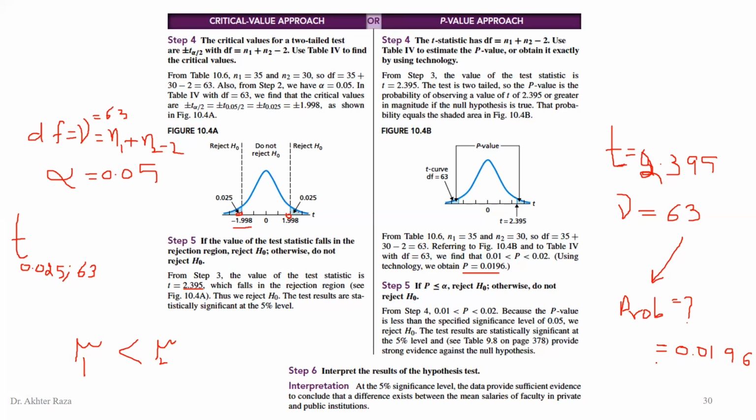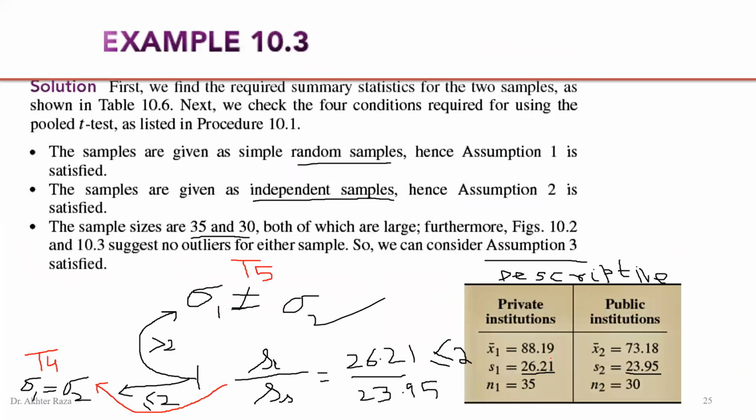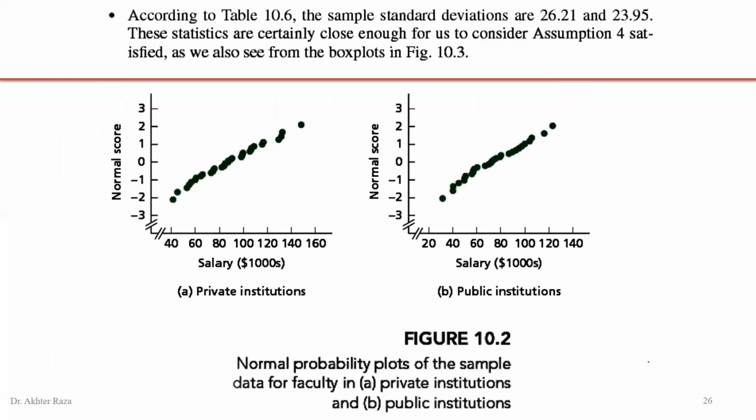The data provides sufficient evidence to conclude that the average salary in the public sector institutions is higher than the salaries in the... no, the salary in the private institutions is higher than the public institution because the sample mean 1 is larger than the sample mean 2.